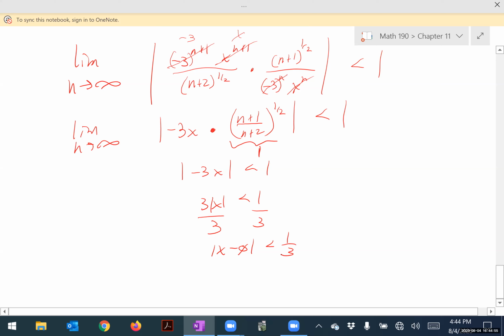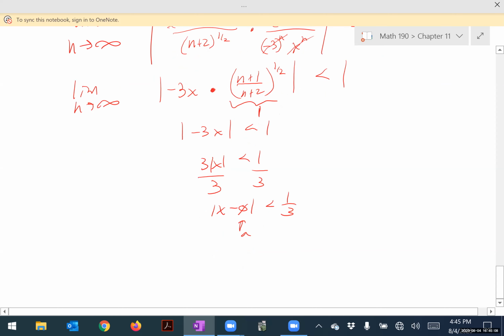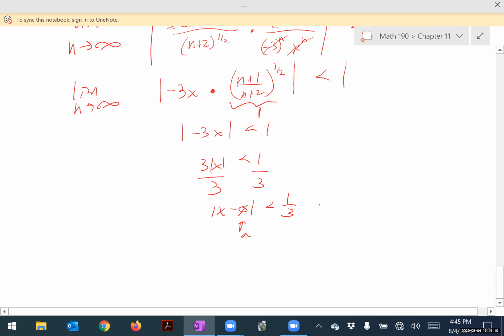So this would be our a. A is 0. And so what's our radius of convergence? Well, our radius of convergence is r equals 1/3.